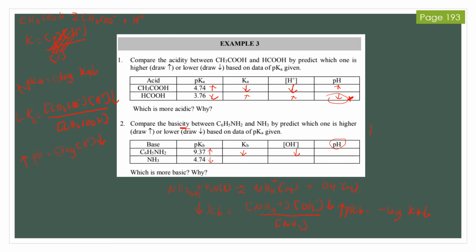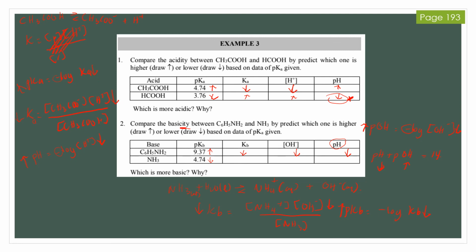So, awak pun buatlah POH equals to negative log OH minus. Since the OH minus awak rendah, due to negative sign, yang ni akan jadi high. Okay, sebabkan POH awak tinggi, pH plus with the POH equals to 14. Yang ini high, meaning that the pH awak adalah rendah.